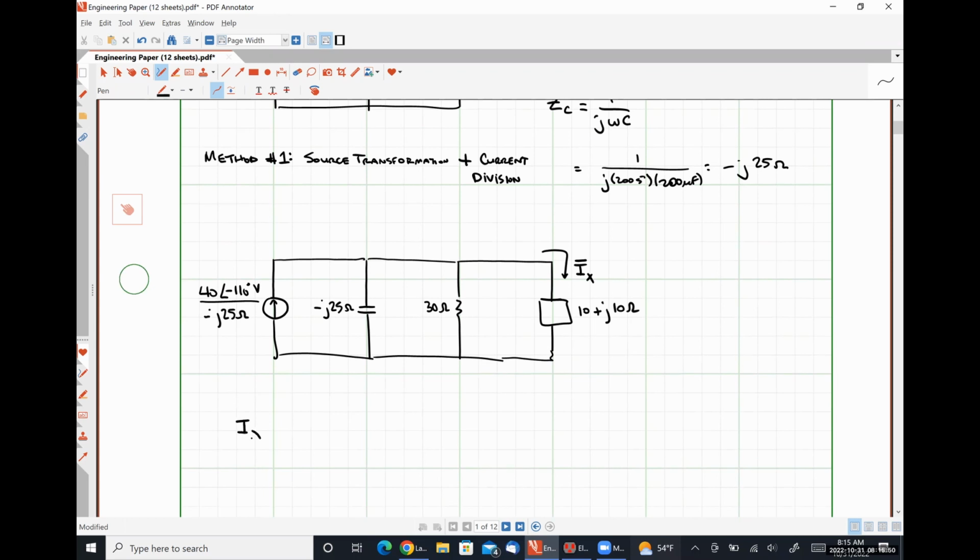We could say that Ix is going to be 40 angle negative 110 degrees volts divided by minus J25 ohms.